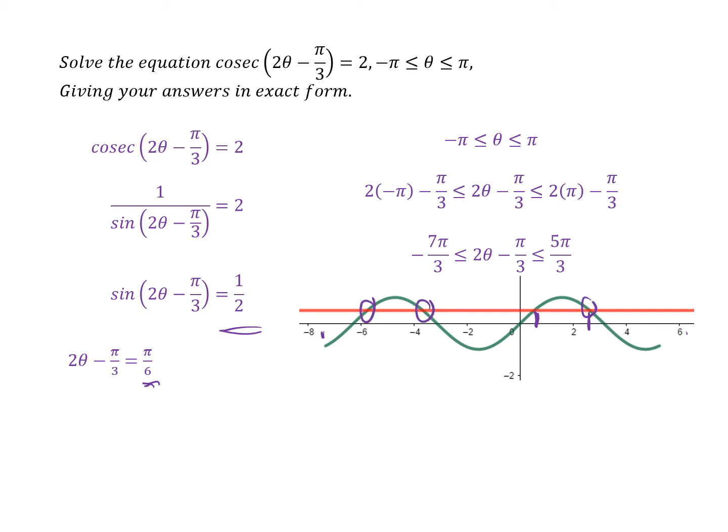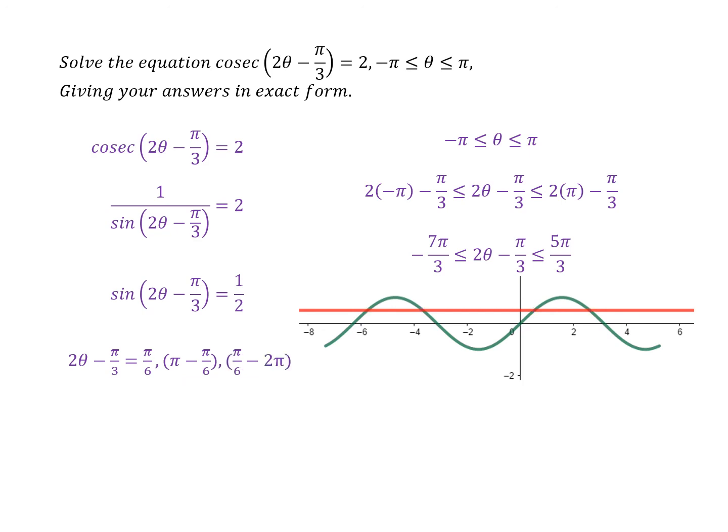The first of these, this one here, will be pi minus the first answer, because that's pi there. So pi over 6 is the first answer, and then the second is pi minus pi over 6. Once we've got these first 2 answers, if we subtract 2 pi from each of those, we'll get these 2 answers here. So as well as pi over 6 and pi minus pi over 6, we'll have 2 pi subtracted from each of those.